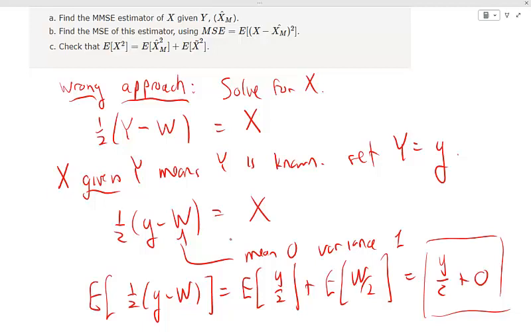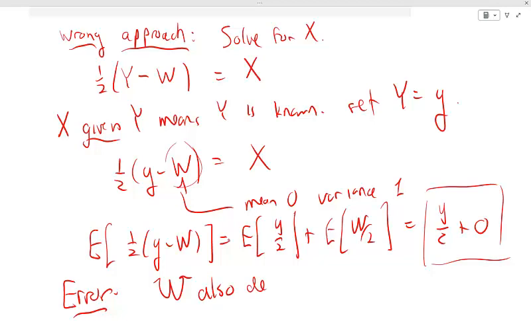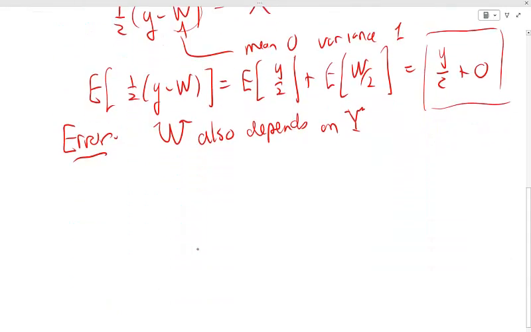Now what's wrong with this is that when you know y, the y affects w. If you know something about y, you know something about w. Why is that? Because y depends on w. So the error is that w also depends on y. So what I should have done is something like this.